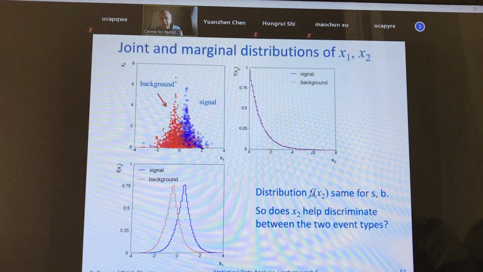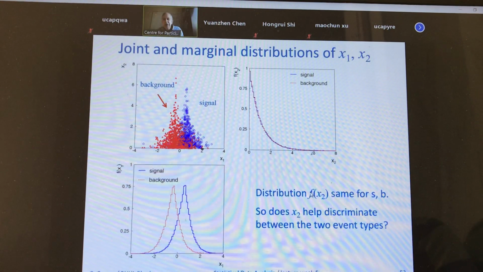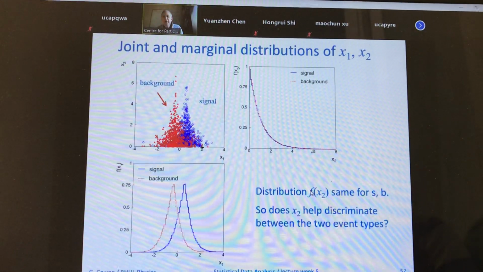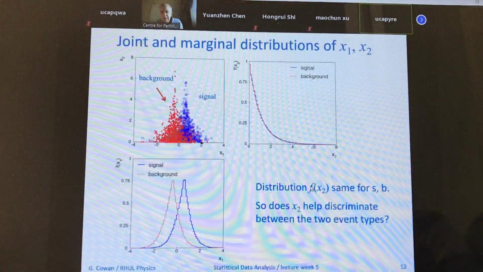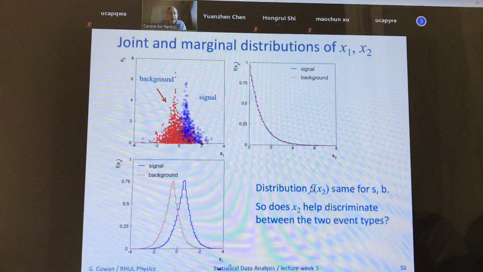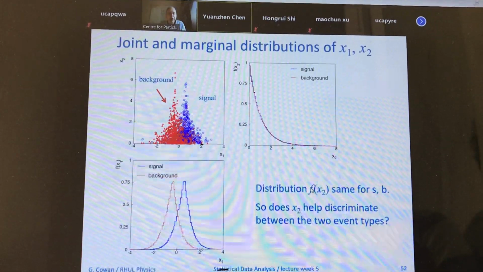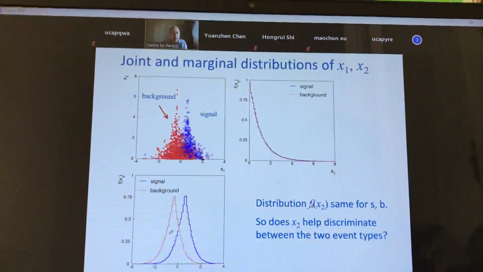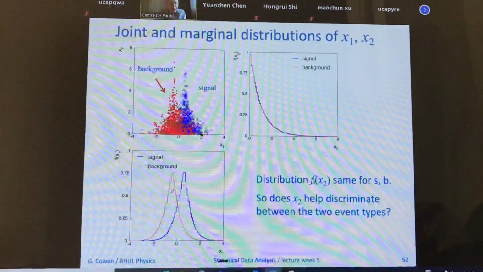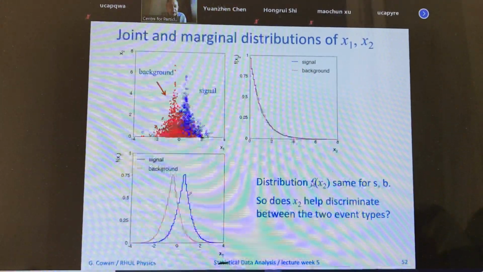Now here's the question. I want to distinguish between the two types of events, and I want to search for variables that will help me do that. And so I might immediately hit upon this variable x1. I look at the distribution of x1 and think, yeah, that works. If I could somehow measure x1, then that would help me distinguish between the signal and the background.